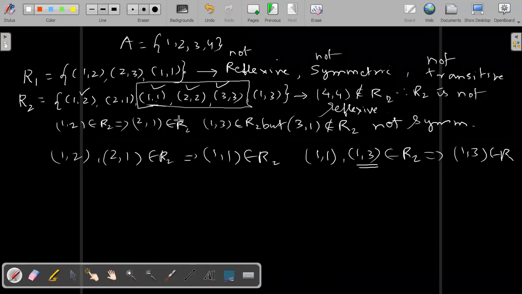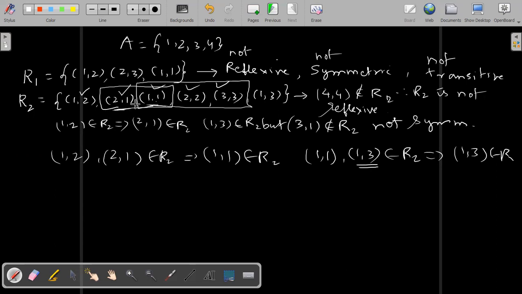So 2, 1 and 1, 1. Then we can take 2, 1 because 2, 1 is ending at 1. So any other number which is starting from 1, we will take these two. If it is not starting, we will leave it for transitivity. That will not prove that it is not transitive. We will find 1, 2 and check whether there is any number starting from 2, and then we will take the third one.